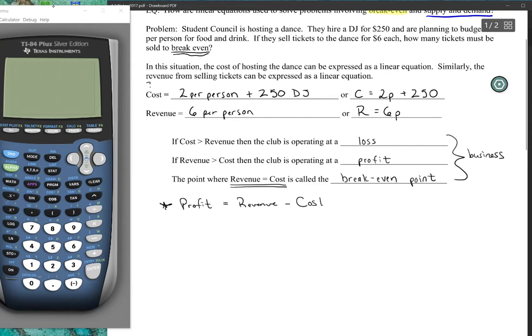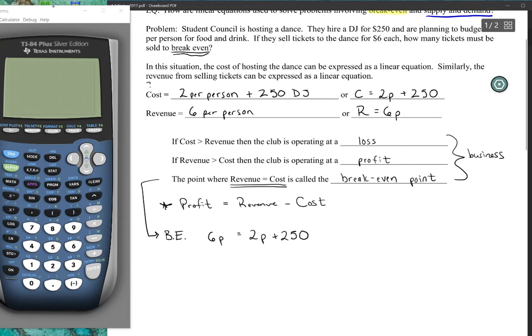That is going to be important. We'll look at that in a little bit. Anyway, the break-even point. Basically, just put your two equations, set them equal to one another. Put your revenue equation, which is 6p, and set it equal to the cost equation, 2p plus 250, and solve.